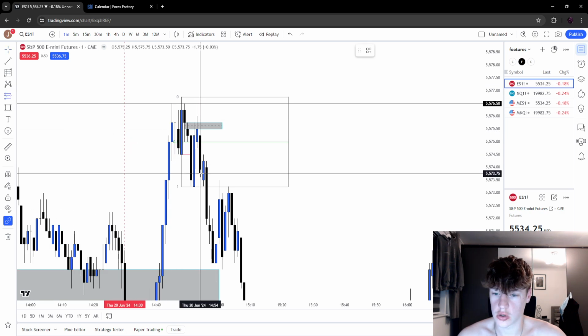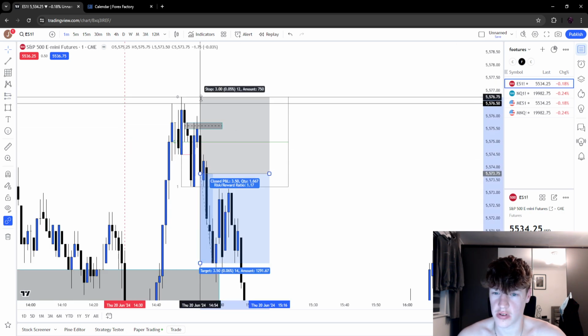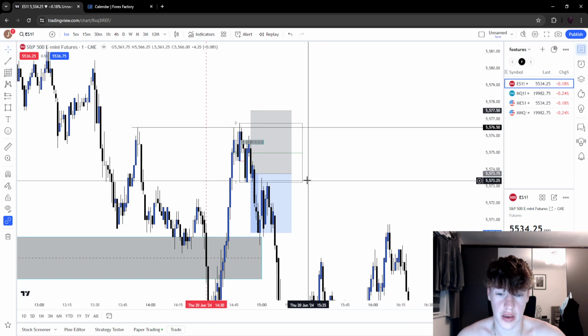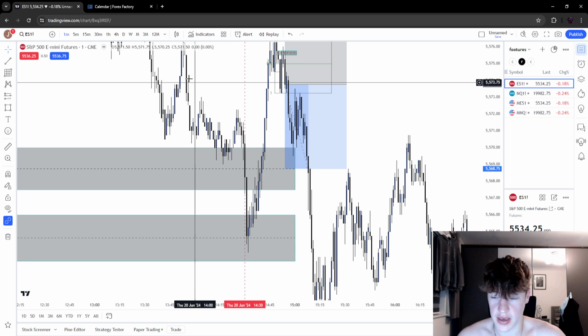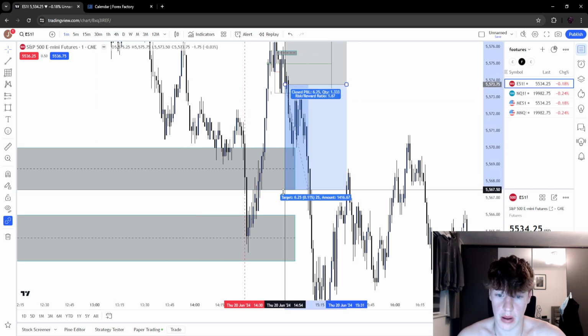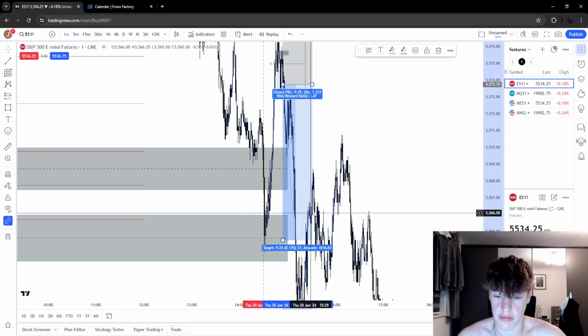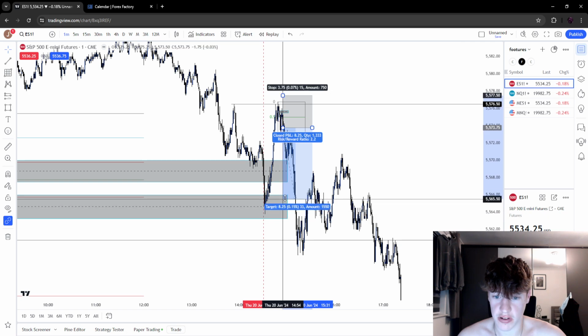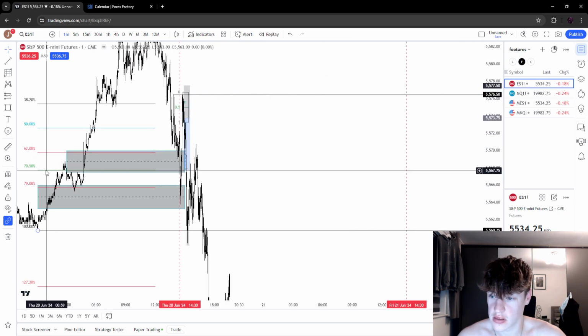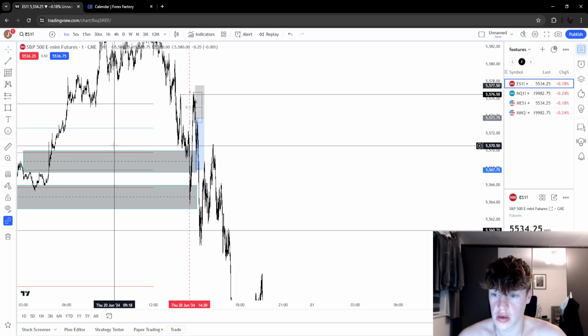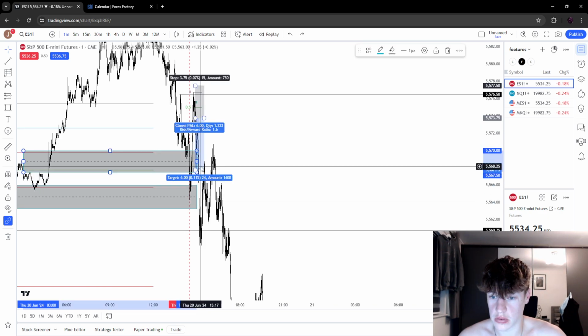So we can short off that candle close. Our stop is 3 ticks above the high. And we can just target really this imbalance that had already been hit on the 1 hour, bottom of it, whatever you want to target. That retracement area, again, that's 72.5%, I think, 70.5%. So just target really any of them.